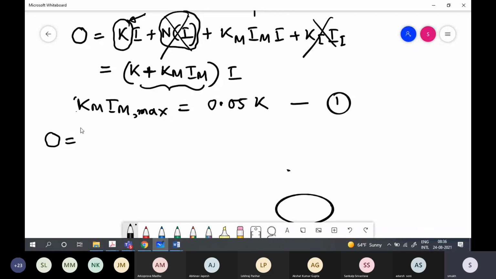Again, it's K times 0.5 I max, not IM max, because it said that our input is 50% of the full scale input range. So that's why 0.5 I max plus Km IM max. But I am not taking K plus Km. I have just now determined the maximum value of IM max. That is 0.53 IM max.